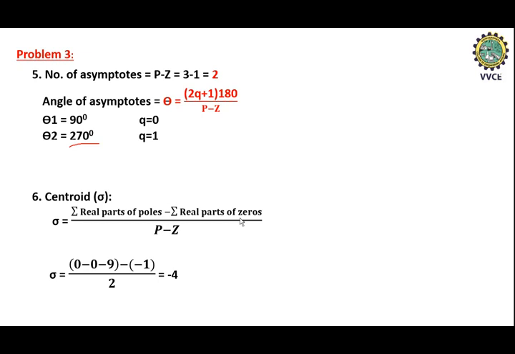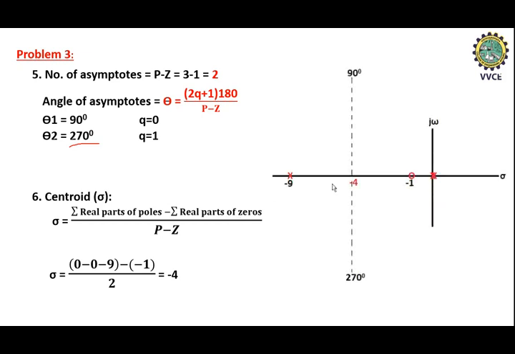Divided by p minus z equal to 2, that gives -4. So starting from -4, you'll have 2 infinite branches directing towards 90 degrees and 270 degrees. You can plot that. 2 poles are at the origin, one zero is present at -1, one pole is present at -9. So the centroid is -4, mark that point, and one branch is directed towards 90 degrees and the other branch towards 270 degrees.